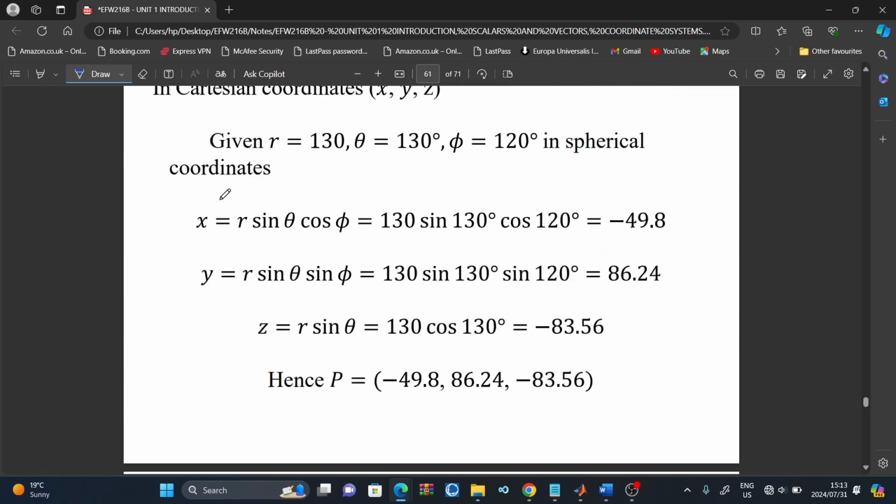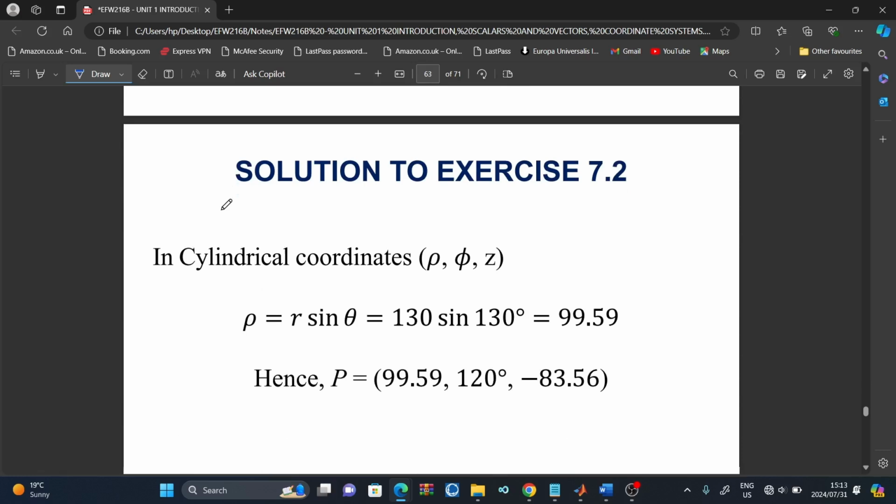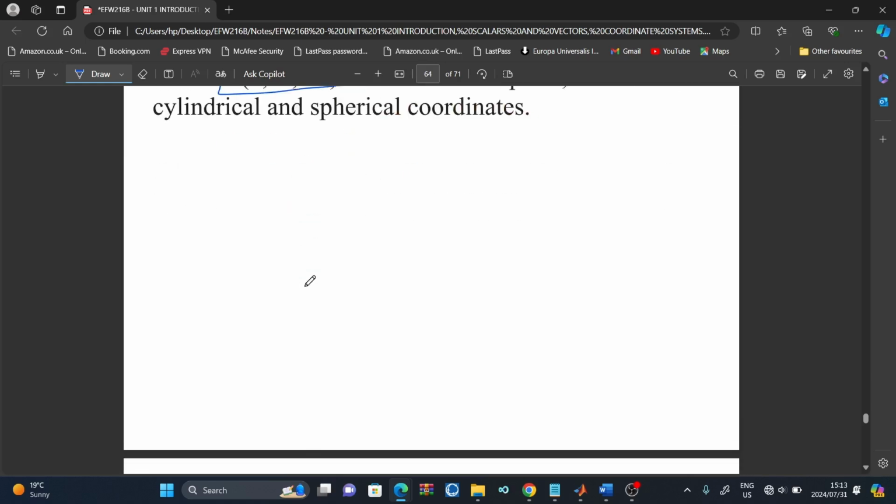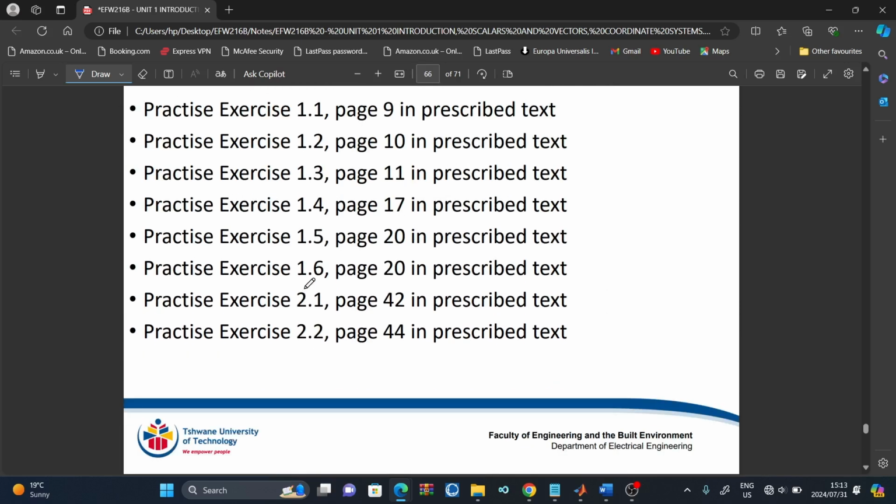Then there's a solution for that. For 7.2, there's a class work where you are given this system to convert, which is again just repeating the process. Repeating the process just makes it easier for you to understand what needs to be done. So you can go through this and the answer is given here.